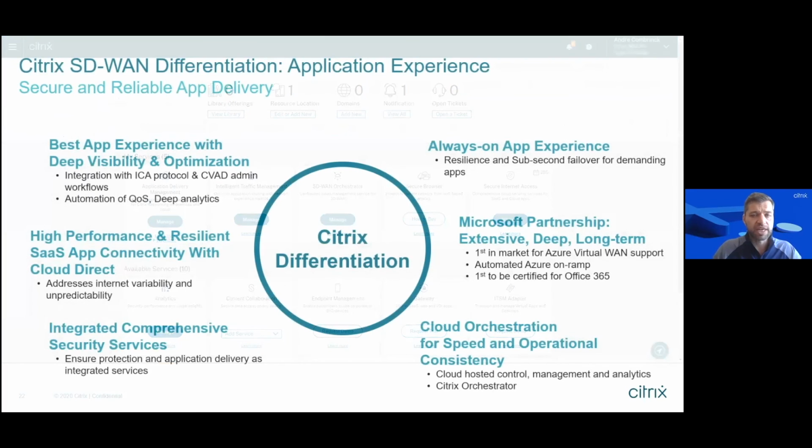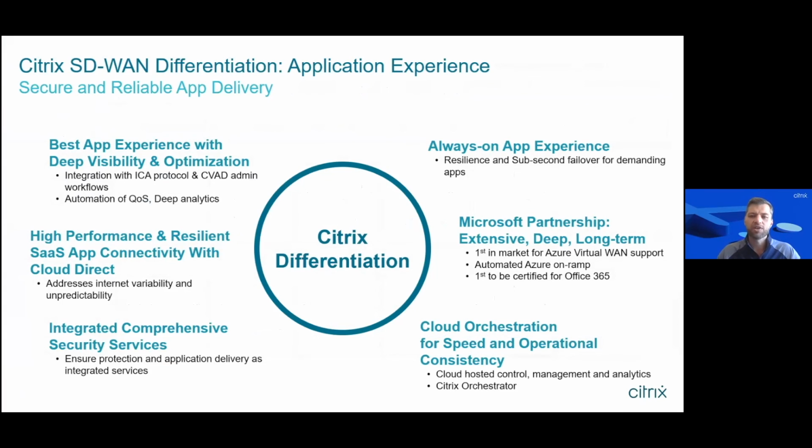Networks today really exist for the delivery of applications. And with SD-WAN, you benefit from the decades-long experience that Citrix has in application delivery. This includes best app performance with deep visibility and integration. We bring together the core networking capabilities such as QoS, but keeping the application in mind. We have a high performance and resilient SaaS app solution, even in the presence of internet variability and unpredictability.